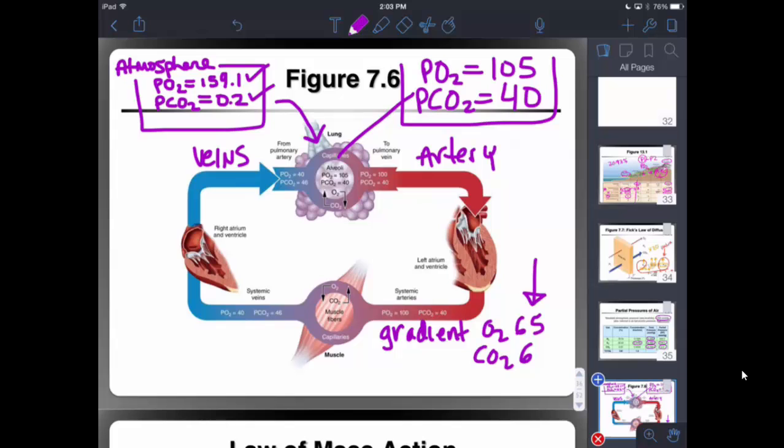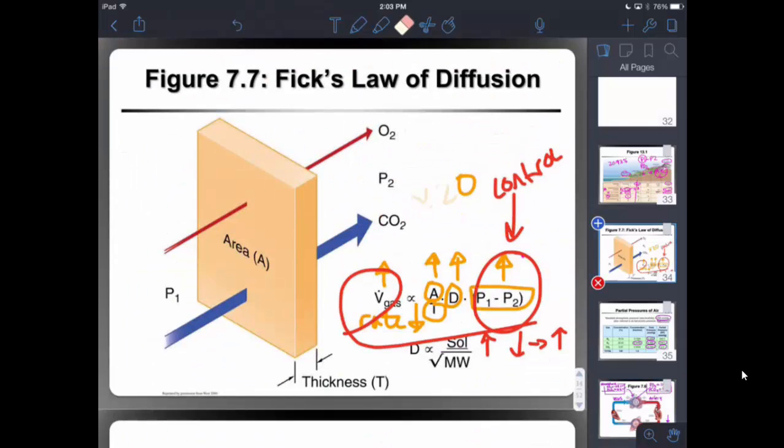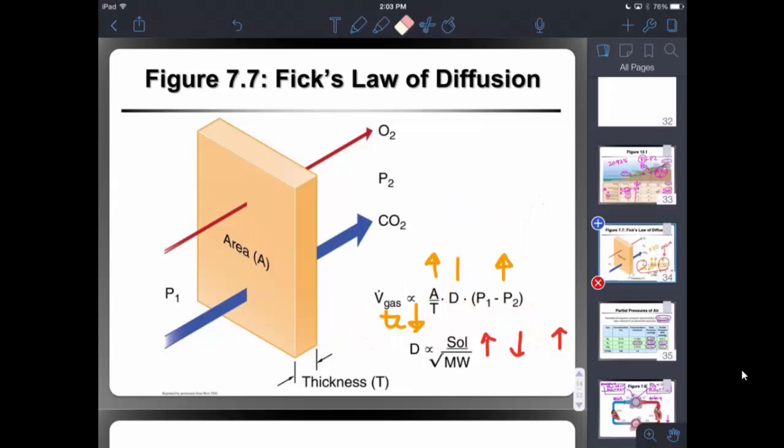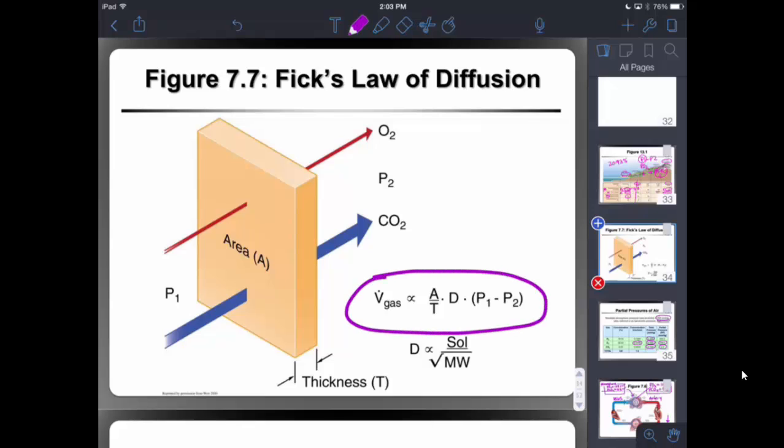If you remember Fick's law, the factors that affect the rate of diffusion are right here. One of the factors affecting the rate is the pressure gradient. And the pressure gradient for oxygen is 65, but for CO2 it's only 6.